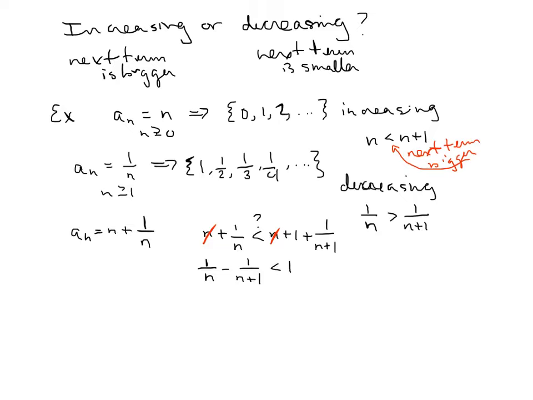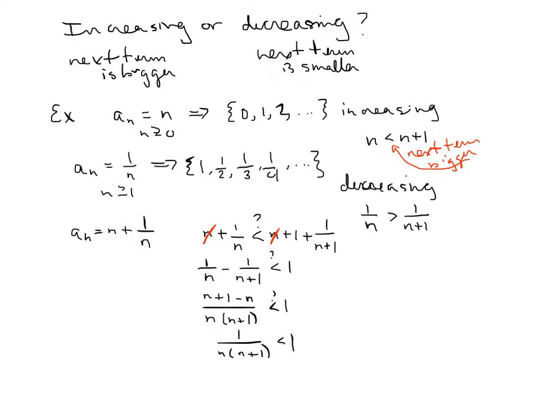Now if I combine this as a fraction, I get n plus 1 minus n all over n times n plus 1, which is 1 over n times n plus 1, is less than 1. I've just kept on going with some algebra, moving some stuff around until I can see whether this is true or not.